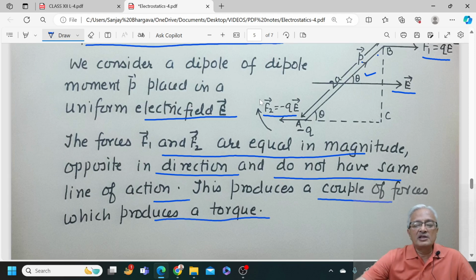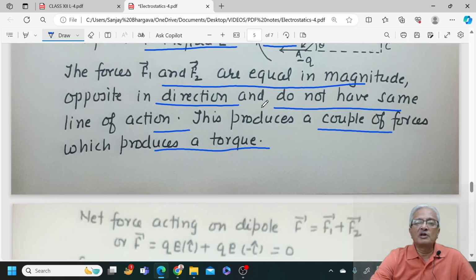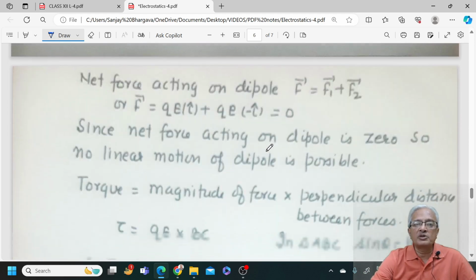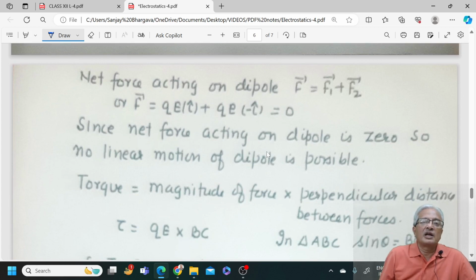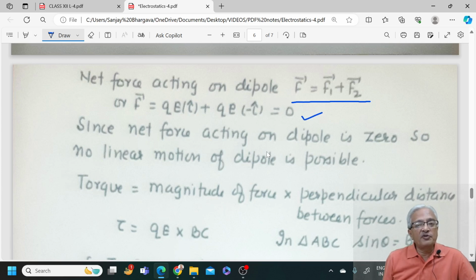So in this case, both the forces are equal in magnitude and opposite in direction, and therefore the net force acting on the dipole, F equals F1 plus F2, would be equal to 0. If the net force is 0, then I can say no linear motion of the dipole will be possible.